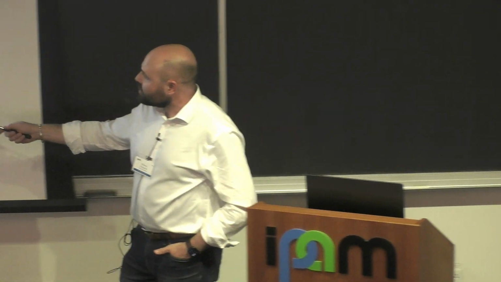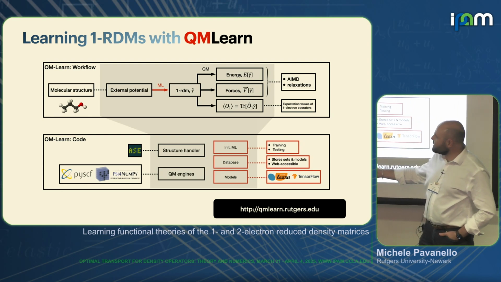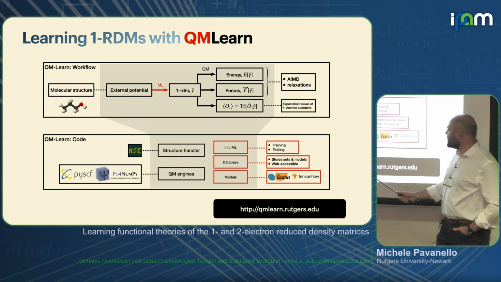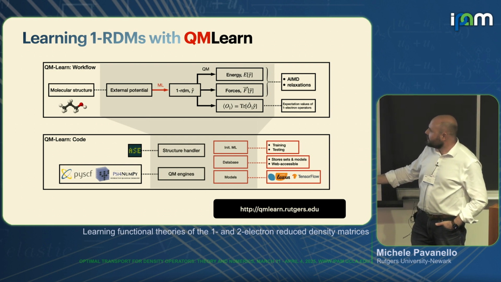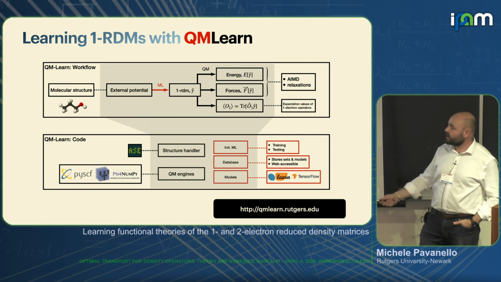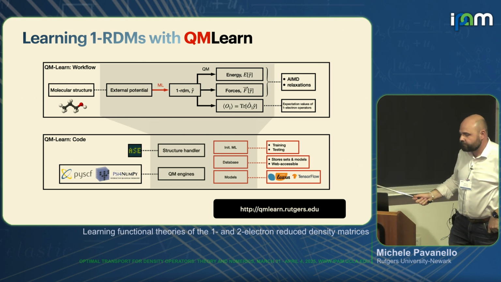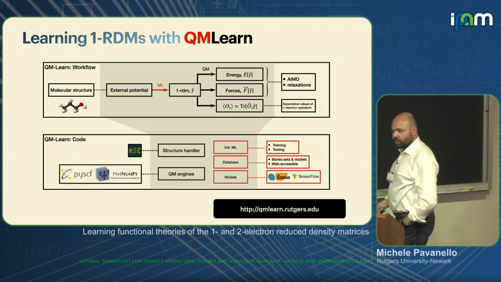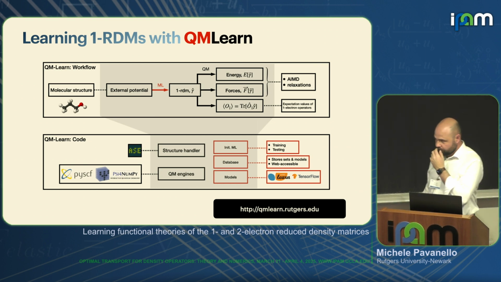This maps onto the code. If you are into this kind of simulations, you will recognize some of these names. Important in this code is how we handle this training set and how we carry it around. And how we share or make available the models that we generate.